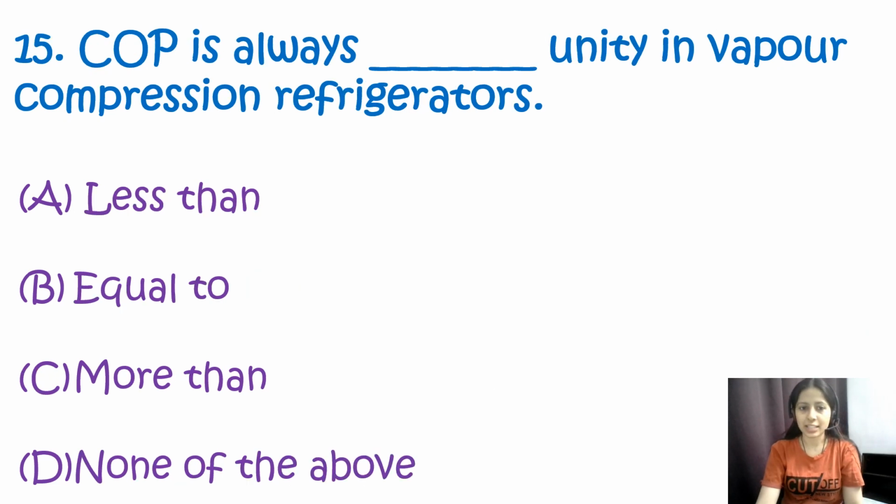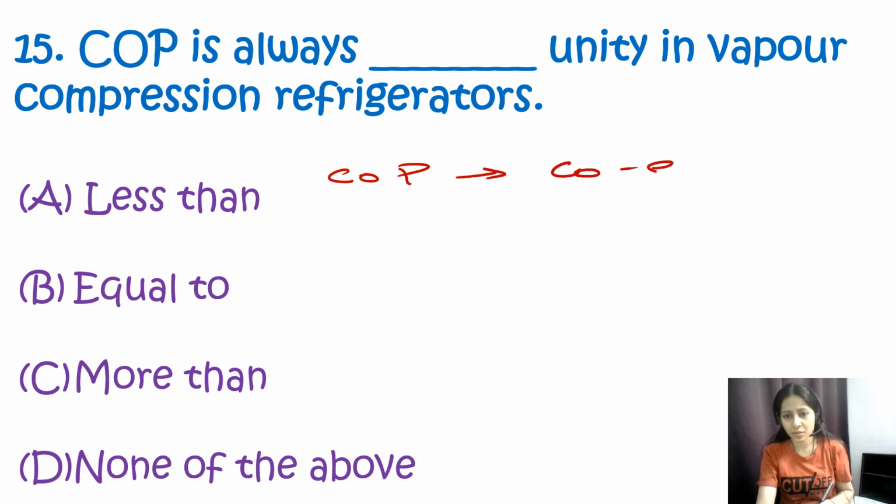Question number 15. COP is always dash unity in vapor compression refrigerators: less than, equal to, more than, or none of the above. So in vapor compression refrigerators, COP actually stands for coefficient of performance.